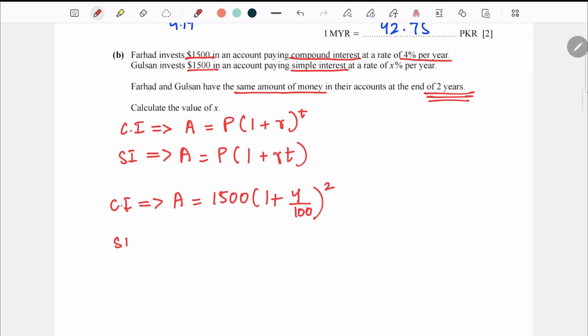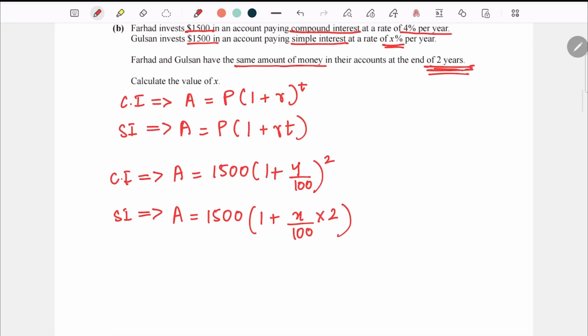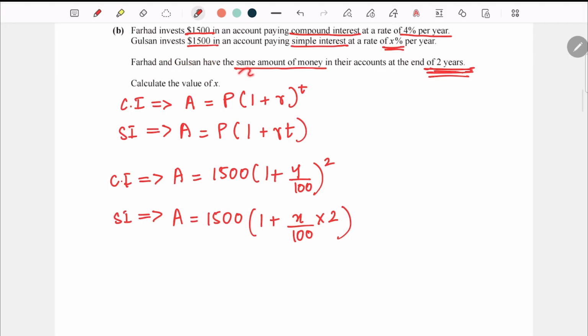And then for simple interest, I'll follow the same steps. A is equal to 1500 bracket 1 plus, here R was x, so x divided by 100 multiplied by t, that is also 2 years. Now, because the question is stating that they have the same amount of money at the end of 2 years, I'll basically equate both of these.